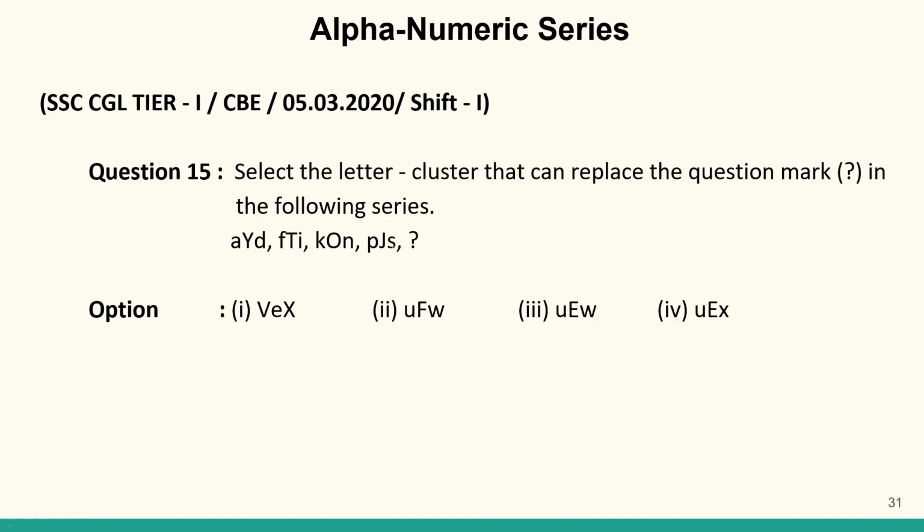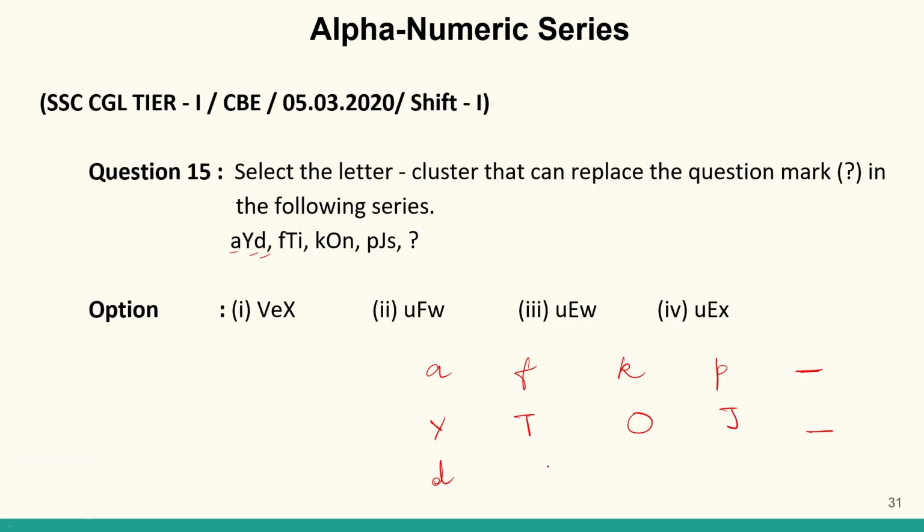Then this one. Again, we can treat it as 3 different elements or 3 different series. Let's write. For the first, we have A, F, K, P, and then we have to find out. Then we have Y, T, O, J, then we have to find out.